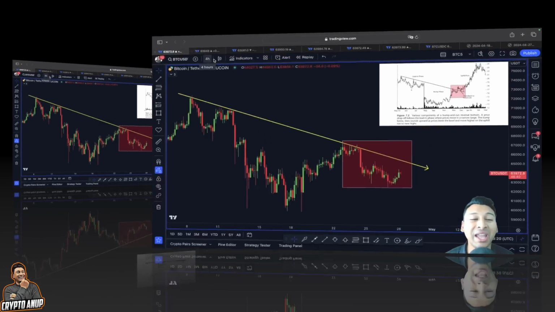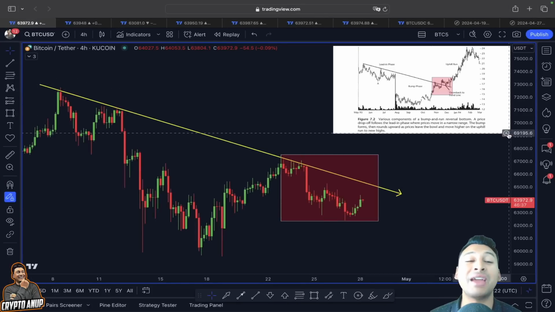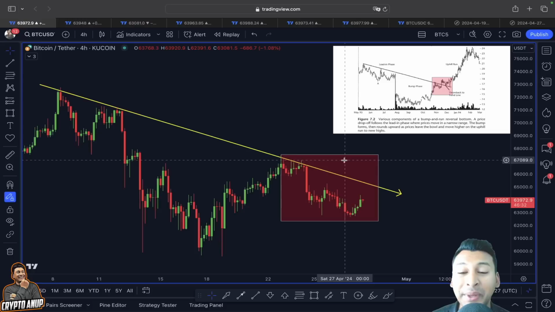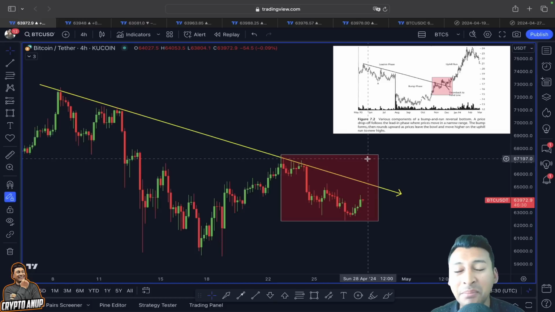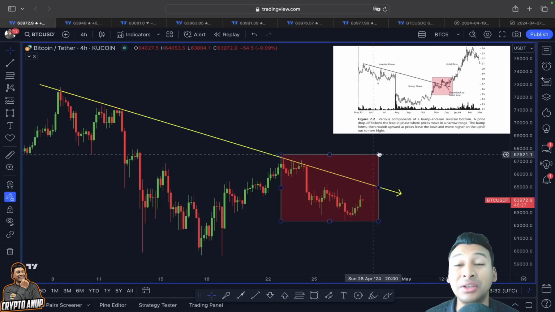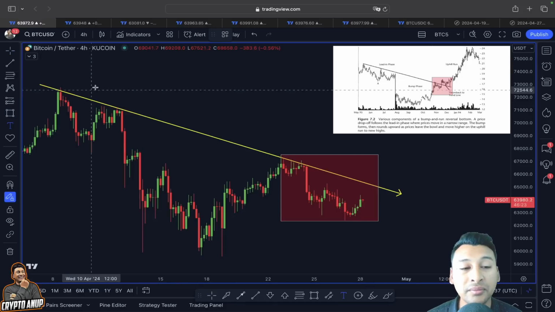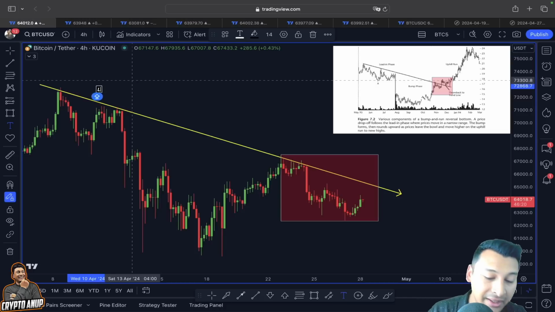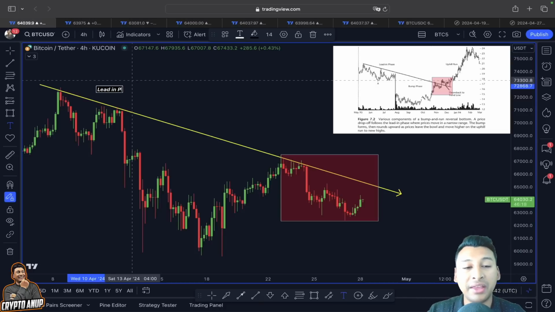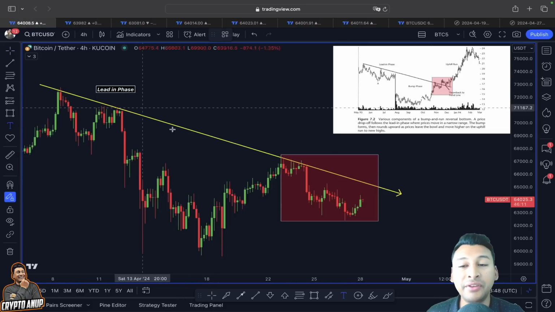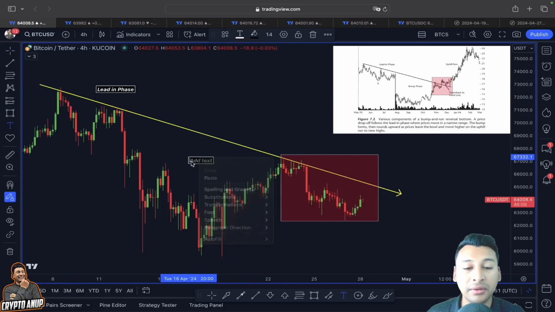Now, if you look at this price action of Bitcoin here in a different time frame, I mean in a 4-hour time frame using a different scenario, you can see guys, price of Bitcoin looks like it is following this bump and run reversal pattern. According to this bump and run reversal pattern, this here was our lead in phase, right? Now, after the lead in phase, we had this bump phase.